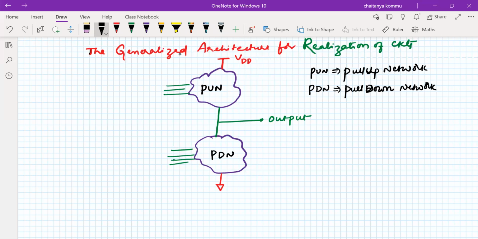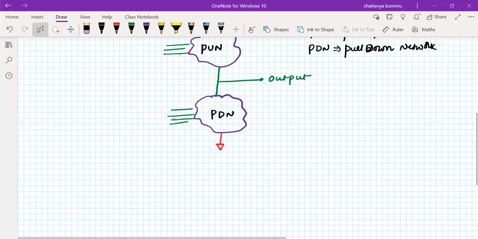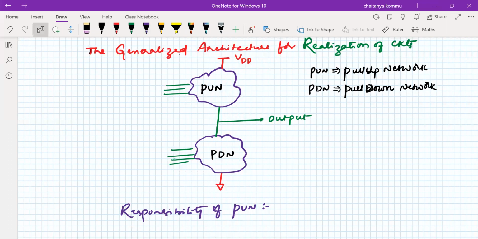So what is inside this pull-up network? What is inside this pull-down network? And what kind of devices do we have to use for these networks? First and foremost, what is the responsibility of the pull-up network, PUN?